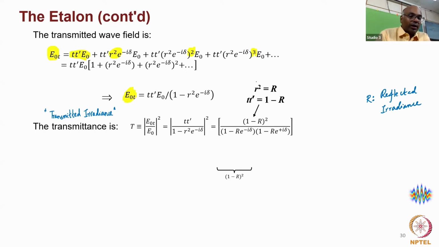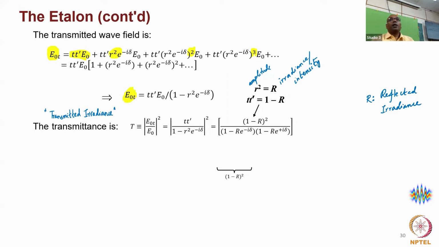Okay, so little r corresponds to field amplitude. Capital R corresponds to irradiance or intensity. Now, we use these relations, that is, r square is R and t prime is 1 minus r.